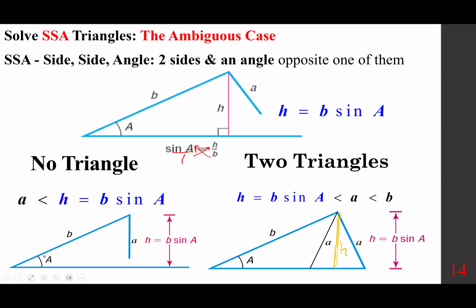So I want to make sure that you understand the second one is this one. Either the entire triangle that you see or this one, which means there are two possibilities, everybody. That's why it's called the ambiguous case.